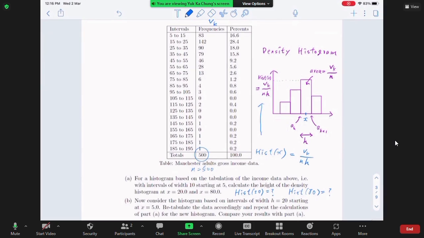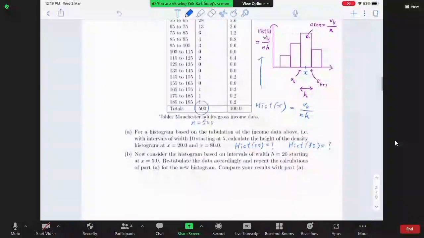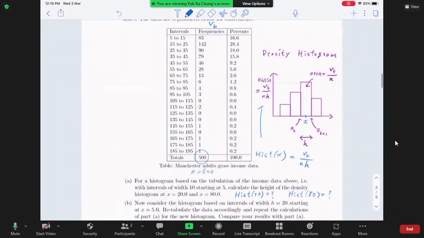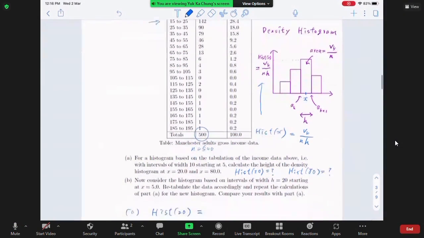In this problem, if we want to determine the histogram at x equal to 20, first of all, we need to locate the class that contains 20. The class containing 20 is this one, from 15 to 25. So the corresponding Vk is 142, and n is equal to 500.